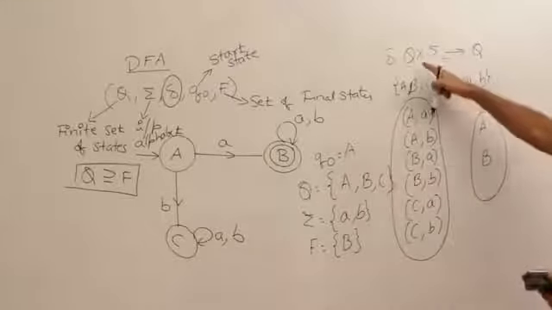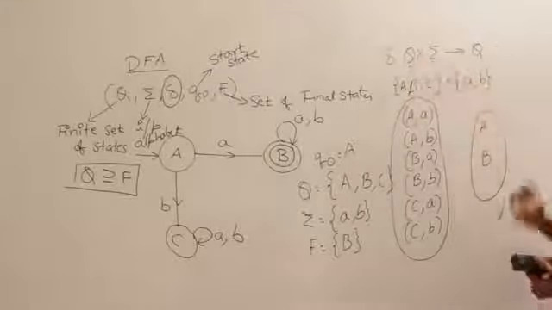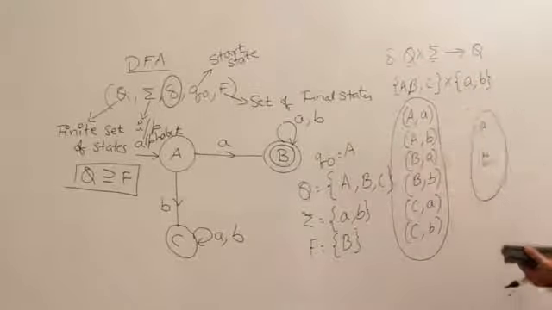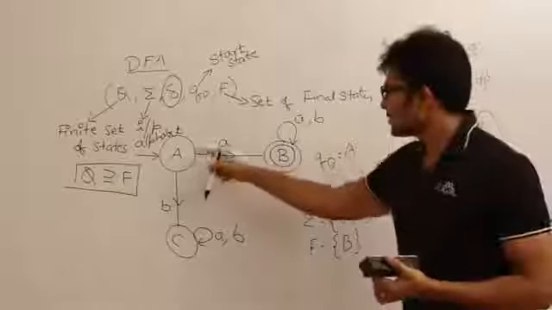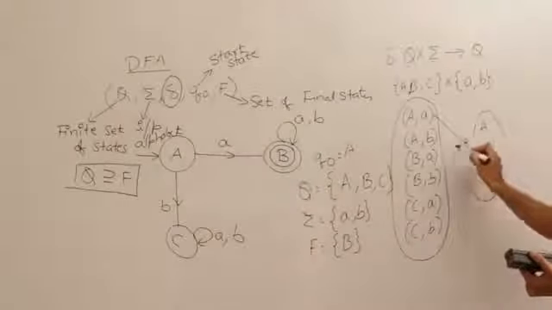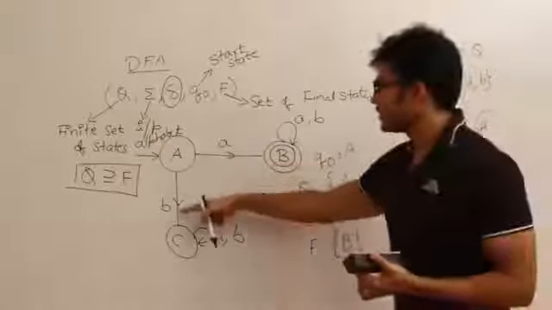Now what do I mean by a function from Q cross sigma to Q? See this: capital A on seeing small a, where is it leading? Capital A on seeing small a is going to capital B. Therefore I have to write this. And capital A on small b, where is it going?